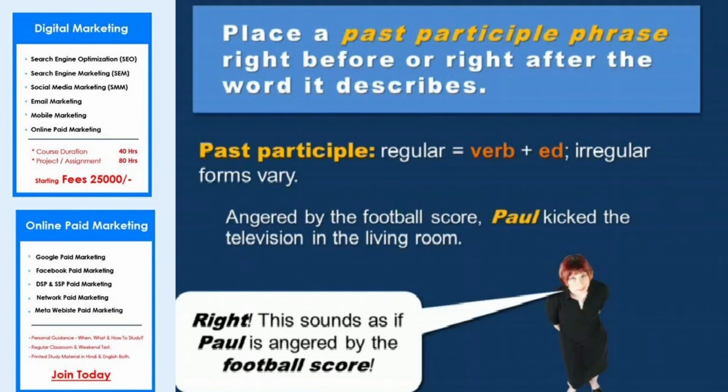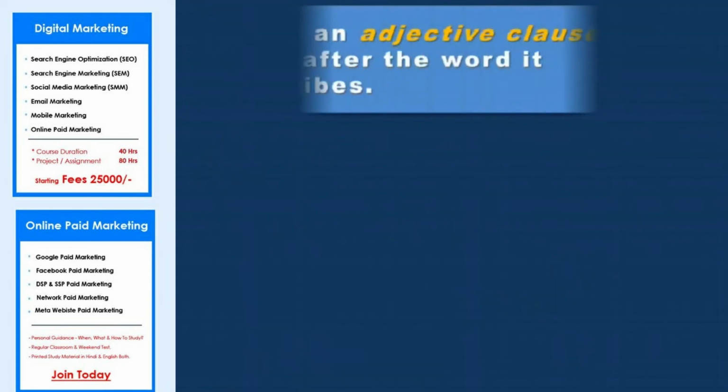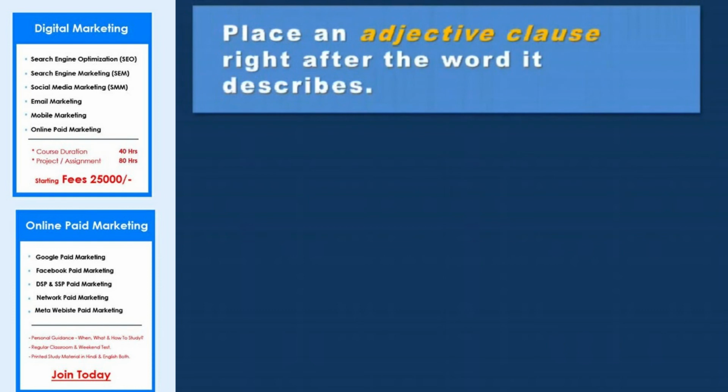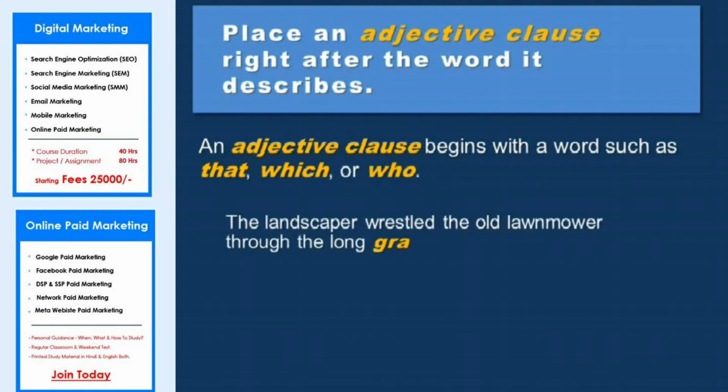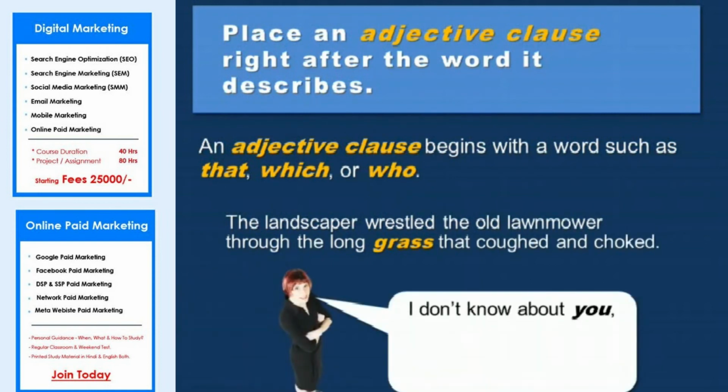Another strategy now: placing an adjective clause right after the word that it describes. An adjective clause is the one that begins with words like that, which, who, etc. The example coming up here. The landscaper wrestled the old lawnmower through the long grass that cuffed and choked.